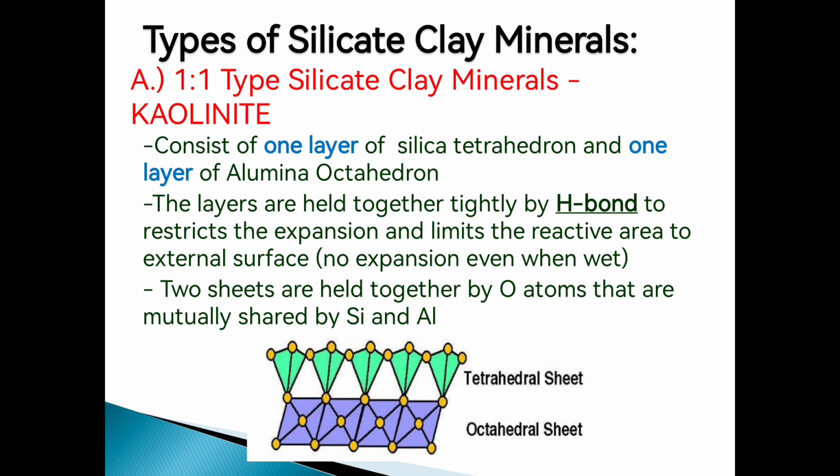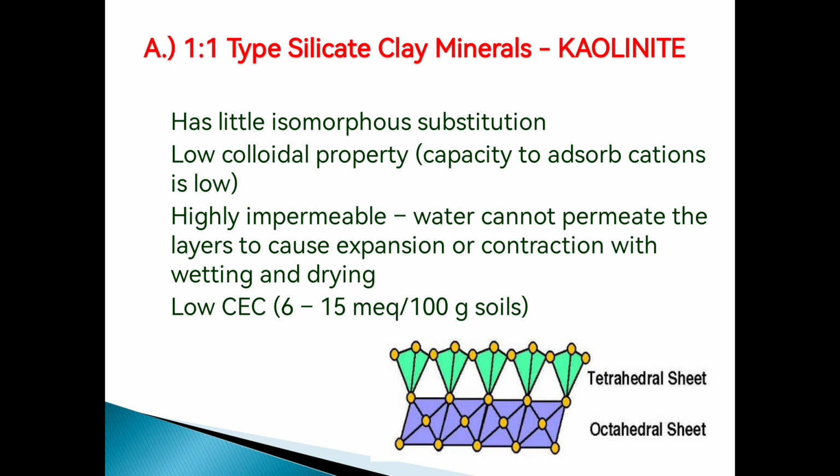The two sheets are held together by oxygen atoms that are usually shared by silicon and aluminum. So, because of the hydrogen bond and because of its very strong bonding, there is little isomorphous substitution.